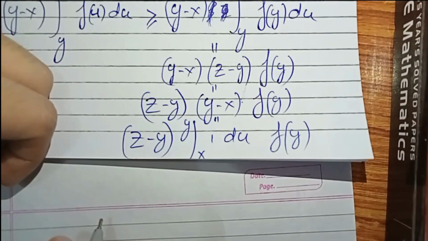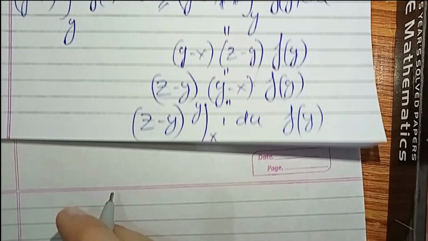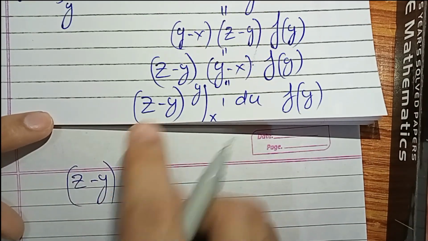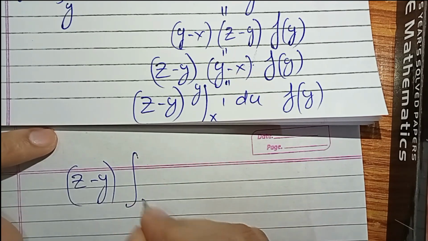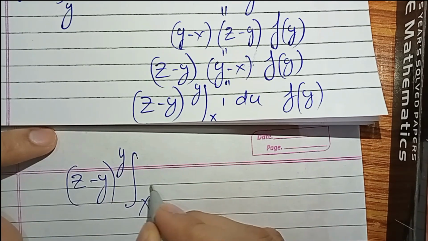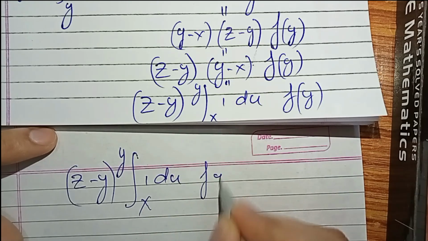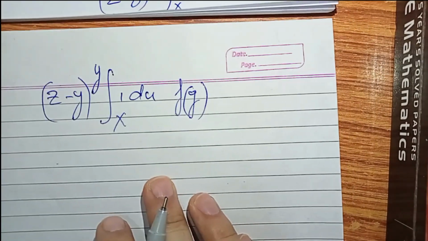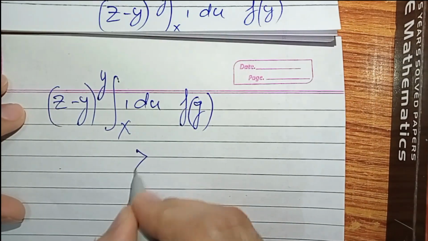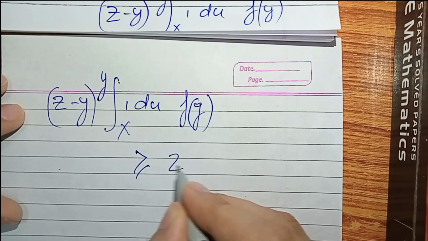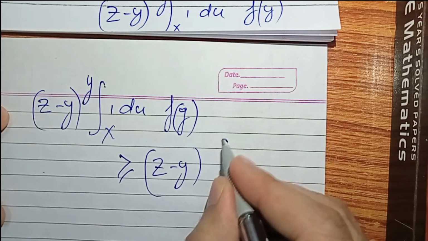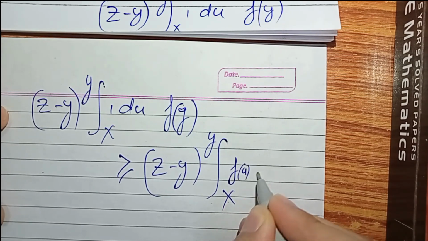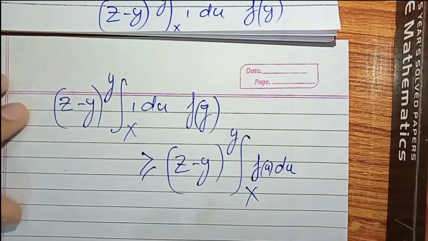So from here I can say, I will rewrite this: (z minus y) times the integral from x to y of 1 du times f(y). Yes, f(y). Can I say this thing is greater than or equal to (z minus y) times the integral from x to y of f(u) du? Yeah, this one.